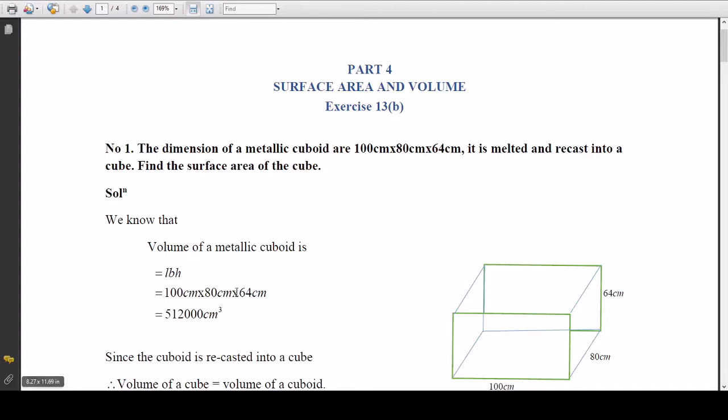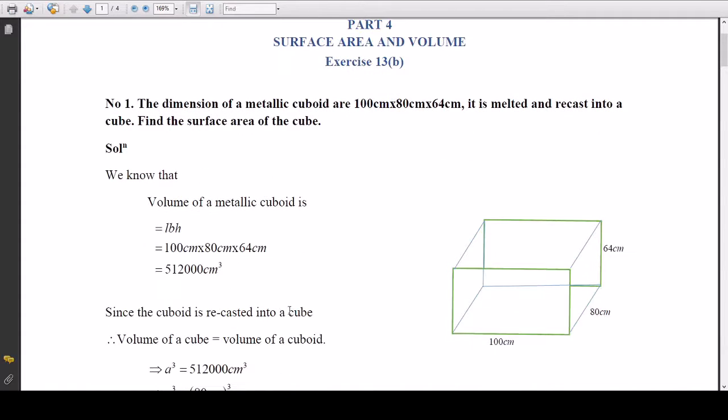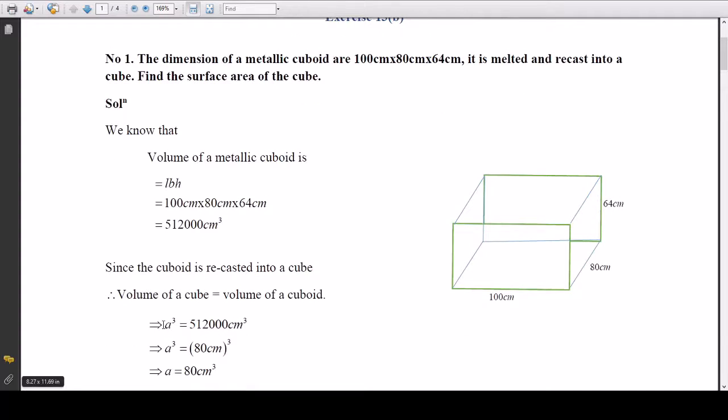You just multiply this and you will get 5,12,000 centimeter cube. Now since the cuboid is recast into a cube, the volume of the cube should be equal to that of the cuboid. The volume of a cube is a cube, isn't it? If the length is a, then the volume will be a cube.